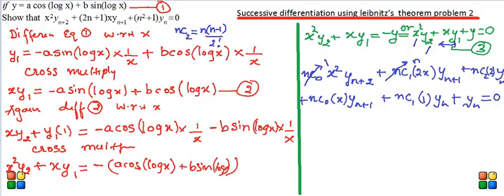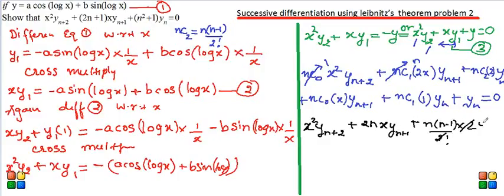We will get the final x square y(n+2) plus 2n x y(n+1) plus n(n minus 1) by 2 factorial into 2, this 2 cancels with this 2, and yn, plus x y(n+1) plus n, nC1 is n, yn plus simple yn is equal to 0.